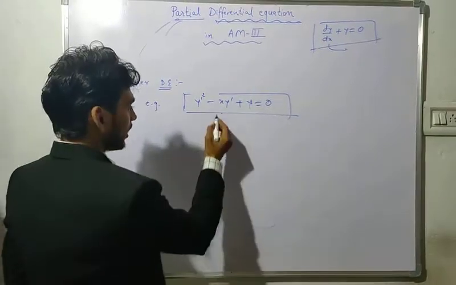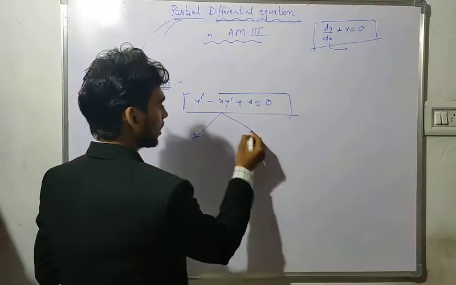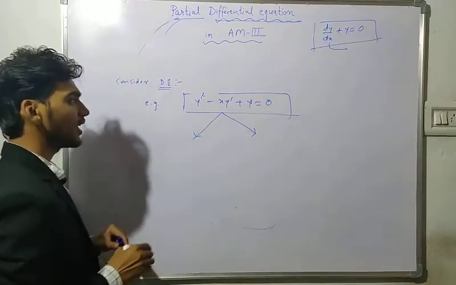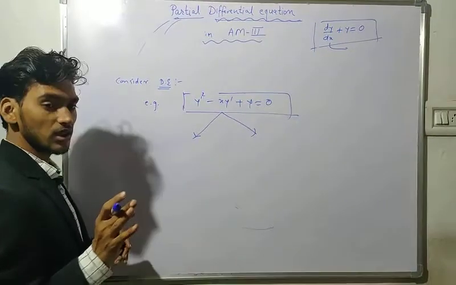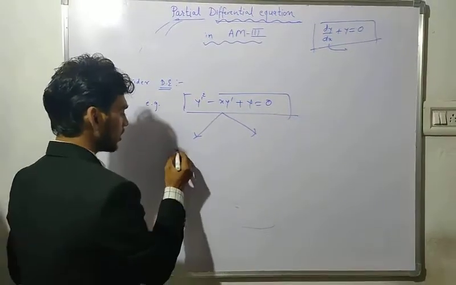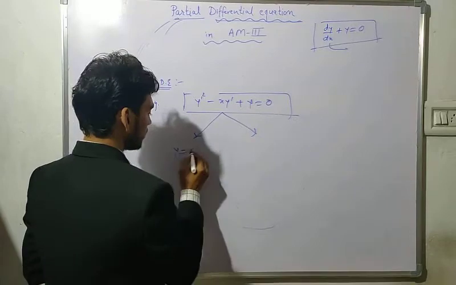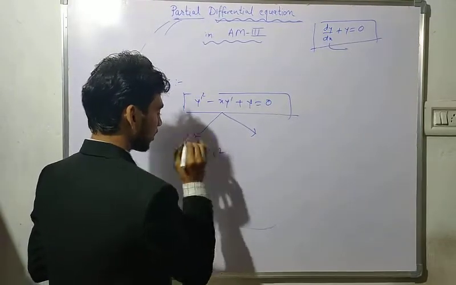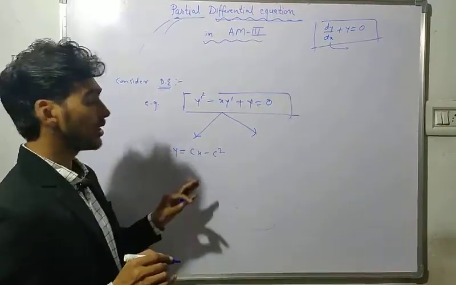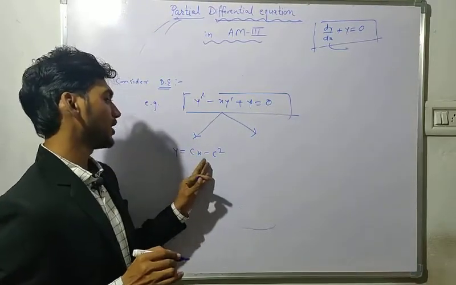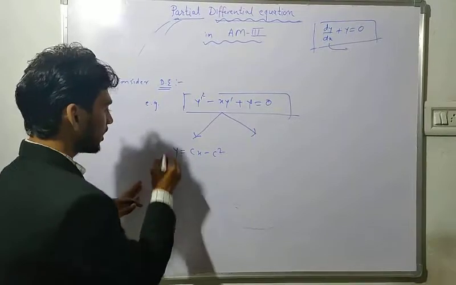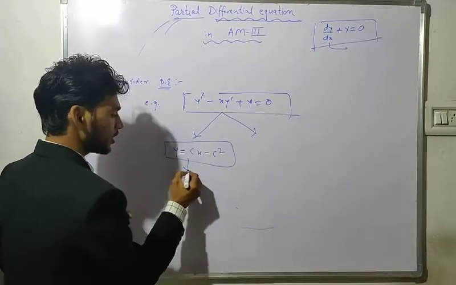Now in this differential equation, after solving we will get two important solutions. Initially we have seen the general solution, and the general solution is y equal to cx minus c square. You can easily solve this differential equation and obtain y equal to cx minus c square. So that is our general solution.